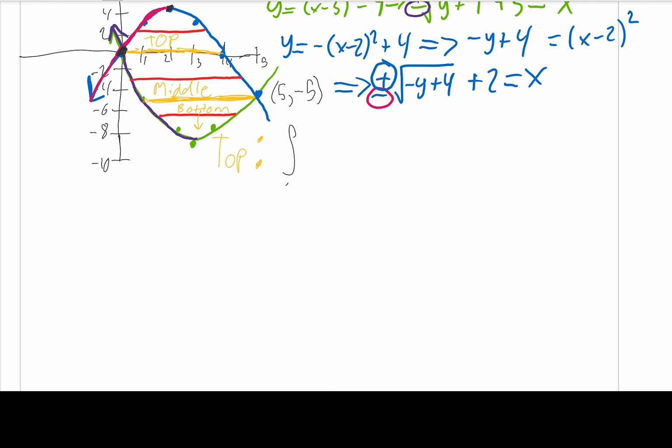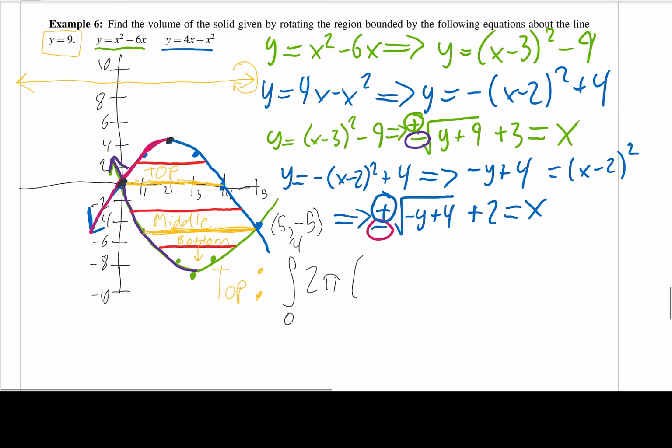So this is the integral from 0 to 4 of 2 pi times, now, what is nice is that for all of these, no matter where my point is, if it's in top, if it's in middle, or if it's in bottom, this should be the absolute value of y minus c, right? So ours is y equals 9. So we're always going to do 9 minus our y value, right?